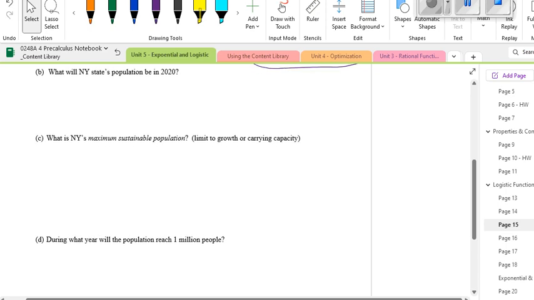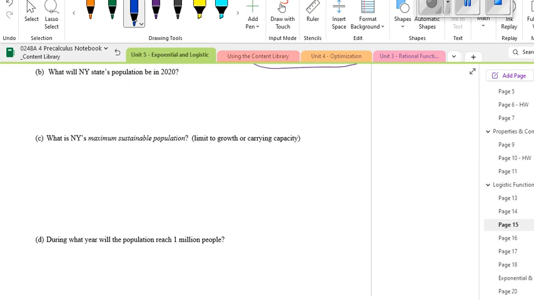The maximum sustainable population is going to be 1 less than the numerator. So it appears as though that numerator is about 19.875 million, or in other words, 19,875,000.